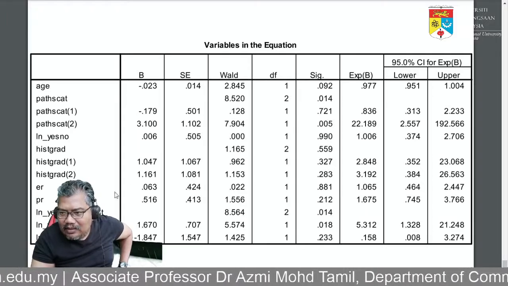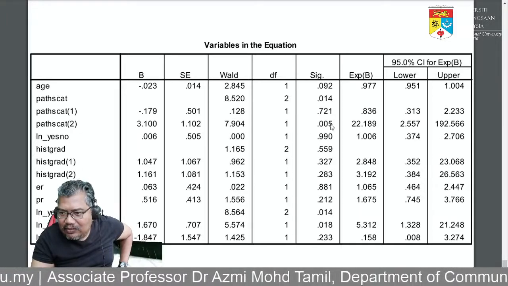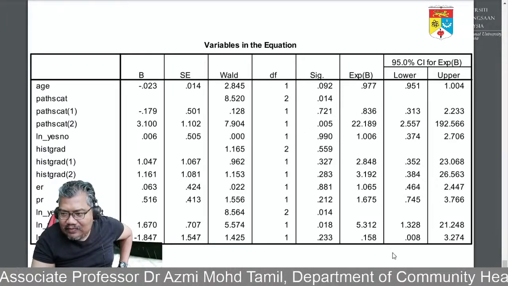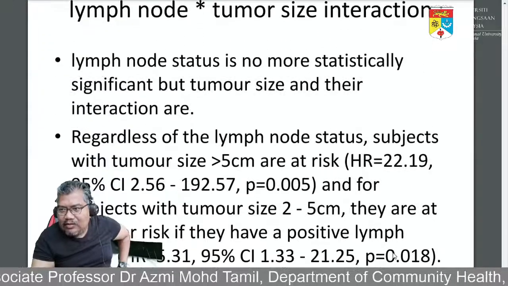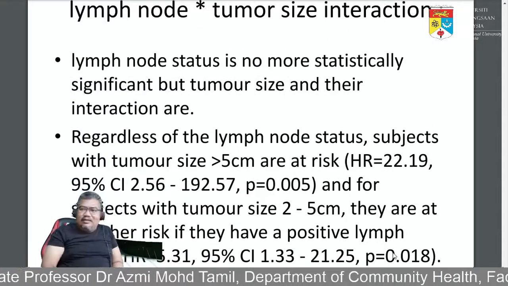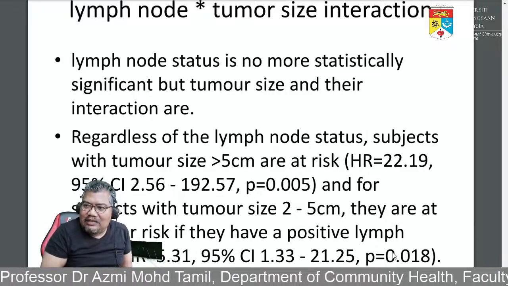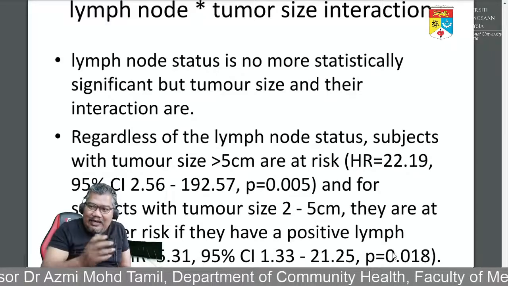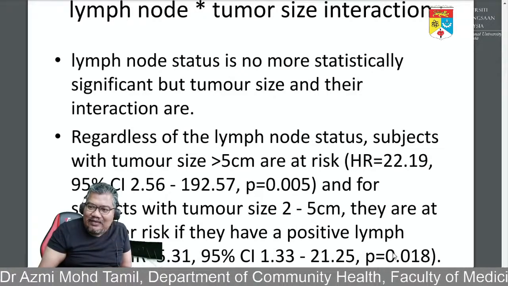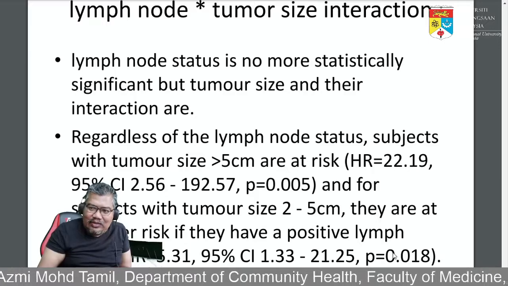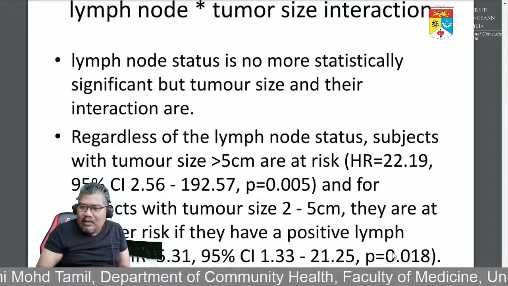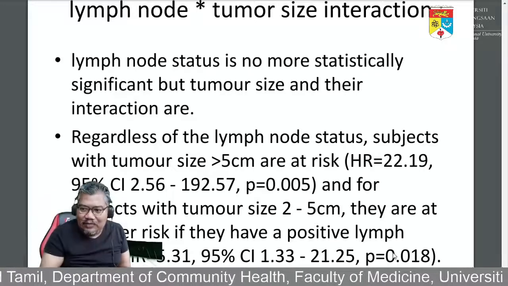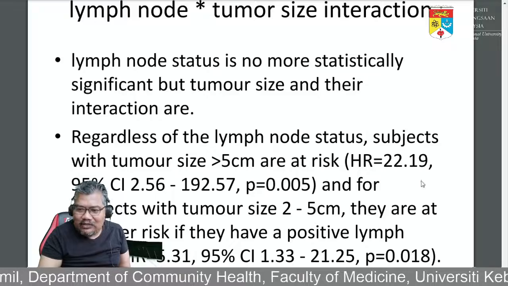And for the pathological tumor size larger than 5 cm, it is also significant, 0.005. So the conclusion was lymph node status is no more statistically significant, but tumor size and the interaction are. So regardless of lymph node status, tumor size larger than 5 cm are at risk. Hazard ratio is 22.19. And subjects with tumor size 2 to 5 cm are at a high risk if they have positive lymph node, and you end up with a hazard ratio of 5.31.